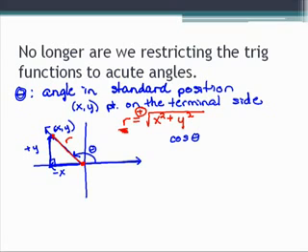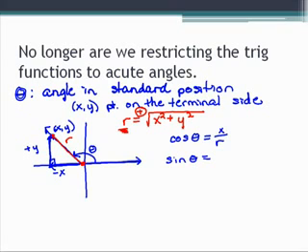So the cosine is the length of the adjacent side over the hypotenuse, and our hypotenuse is r. Now I'll just put an x here, but remember when you go to find that angle, your r is always going to be positive and your x is always going to be negative. So the cosine of any angle in that quadrant is going to be a negative number because your x is going to be negative.